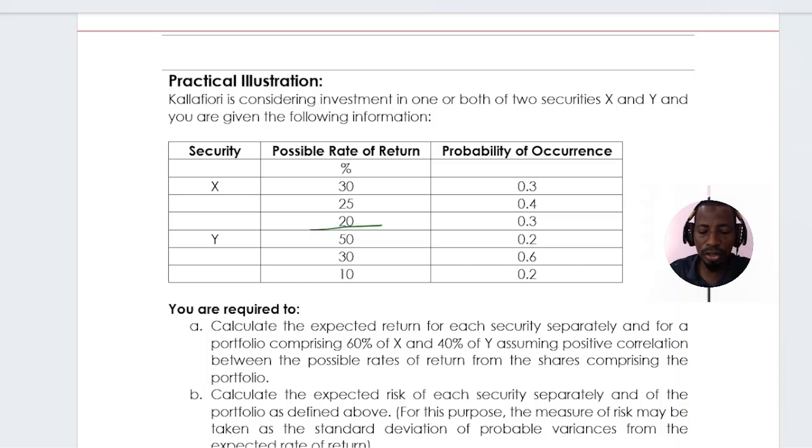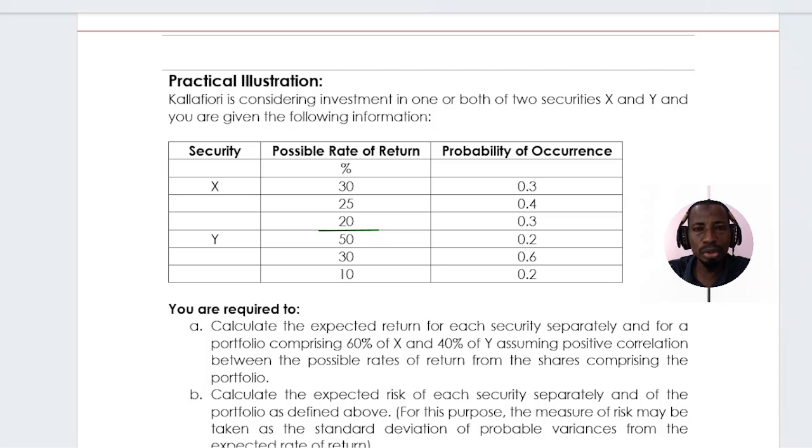If the return of the security is given in absolute number, in value, then you need to convert it to a percentage before you begin to compute portfolio risk, portfolio return, and all of that. I repeat, the return must always be in percentage. I will show you the formula that you can use to convert it.